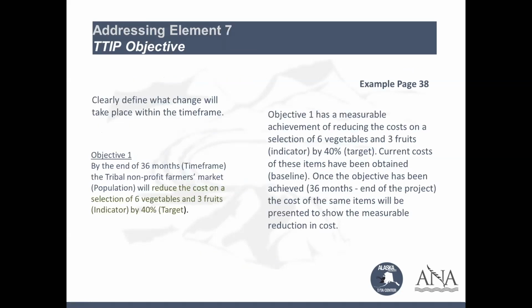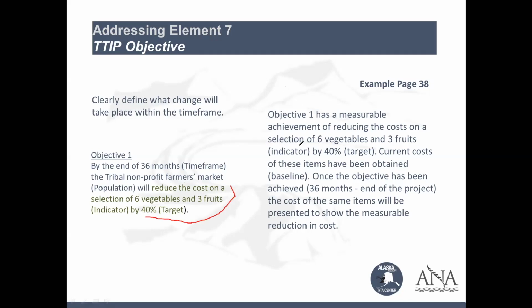When you're addressing these various elements, one of them is to clearly define what change is going to take place. So, in the element itself, we state that there's going to be a reduction of cost on a selection of 6 fruits and vegetables by 40%.